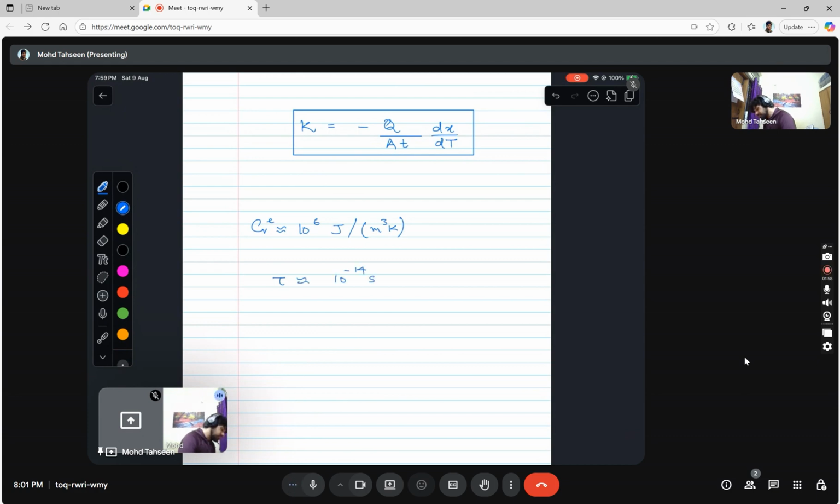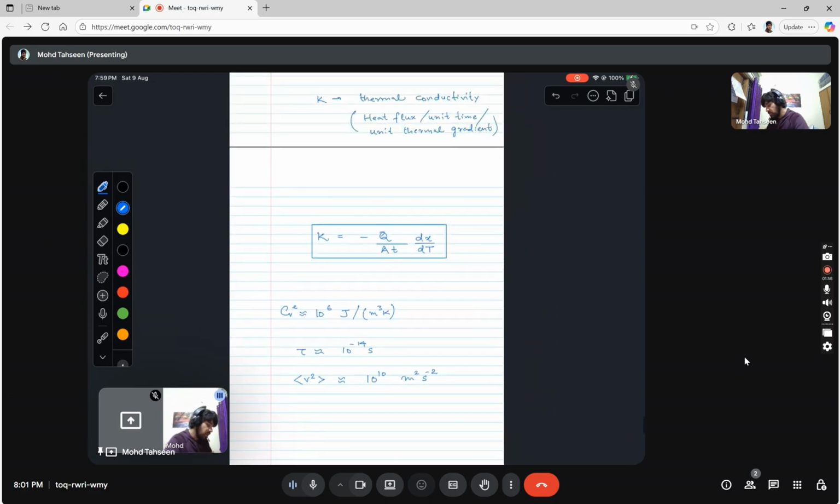And what else? This RMS root mean square velocity. Now it's not a root, it's just mean square speed. It's equal to 10 to the 10, and the units will be square of the speed, right?